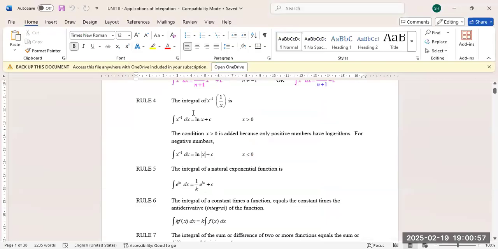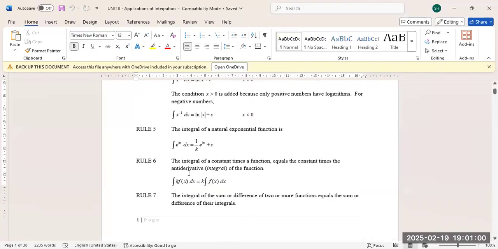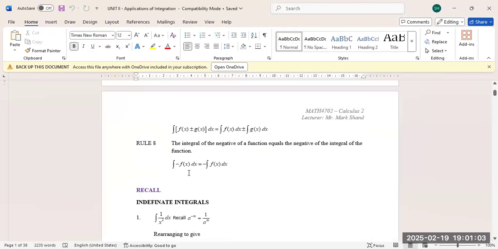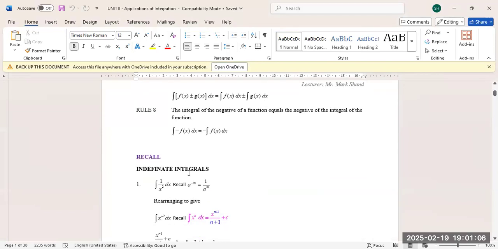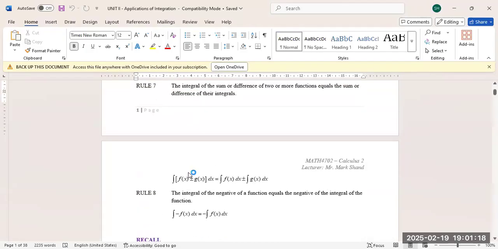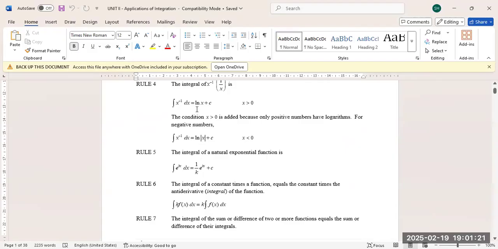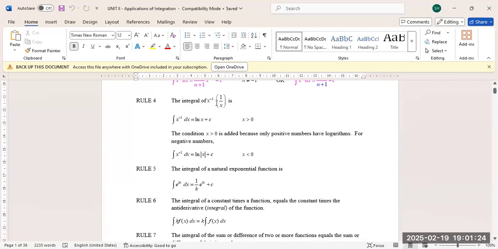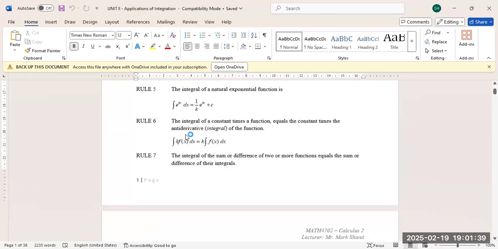What I'm saying to you is, when we're integrating a function that is 1 over x, if it is x to the negative 1, or 1 over x to the first power, then we use the natural logarithm, the ln function. I'm just refreshing the memory here.